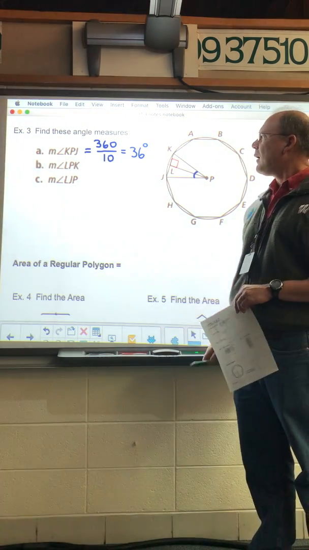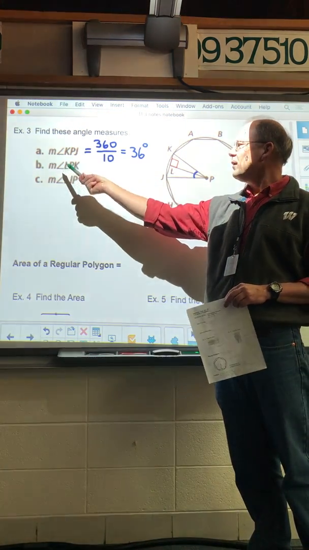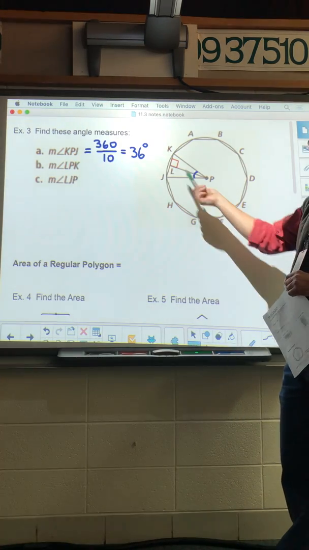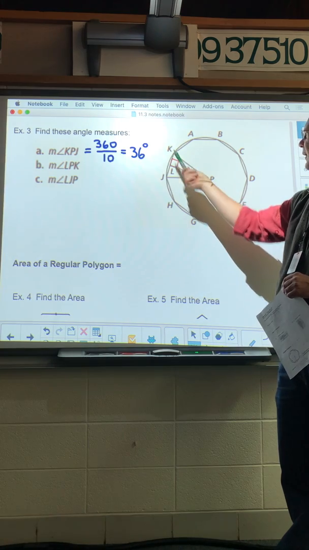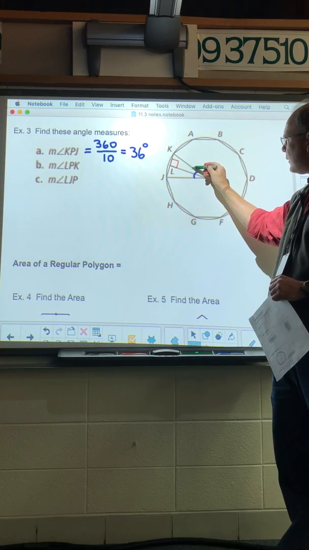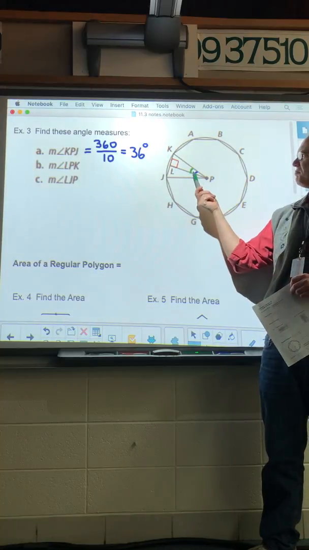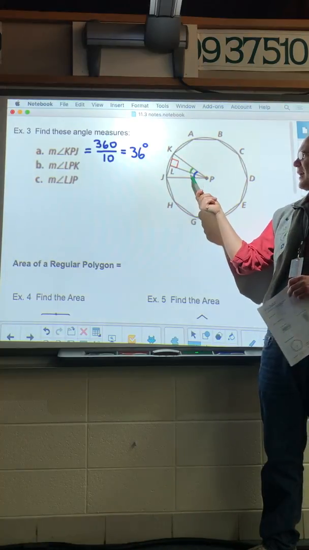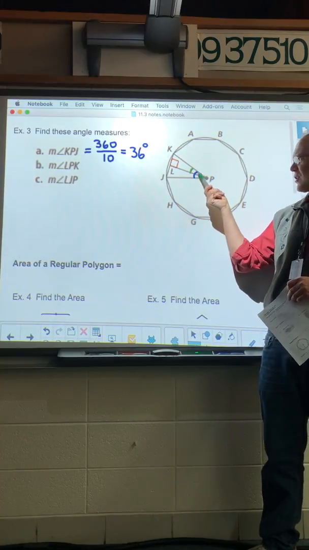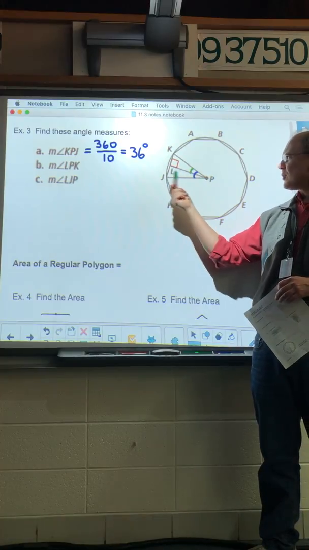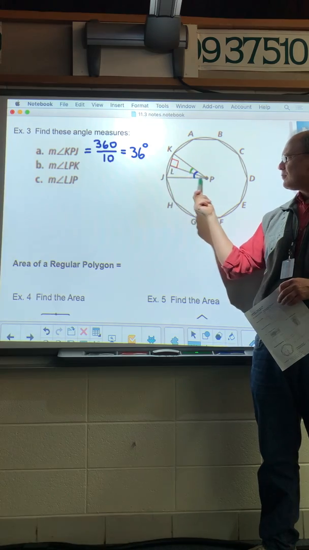Okay. Angle LPK. Does that look like it's half of the central angle? I mean, our apothem goes to the midpoint here.